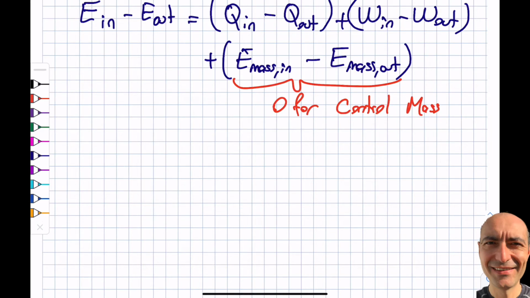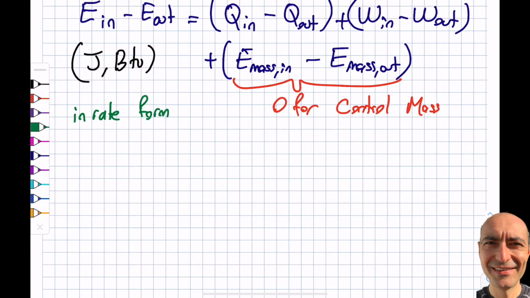What are the units so far? I have dealt with energy, and for energy units, if I take the SI and British gravitational pair, you're going to have joule or BTU, and most of the time it's going to be kilojoules, because a joule is kind of small. I can also write this equation in rate form.